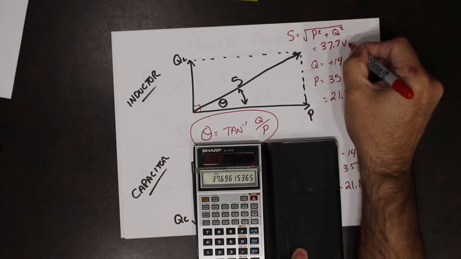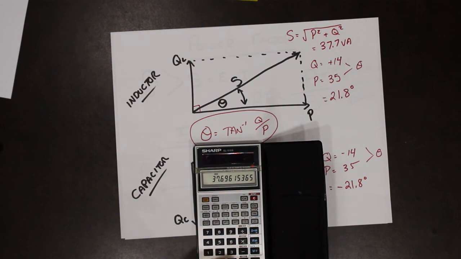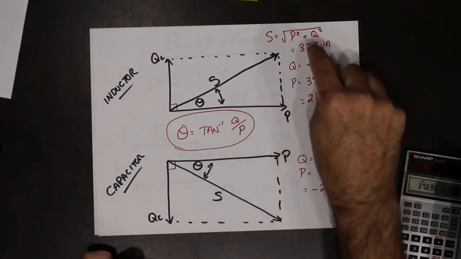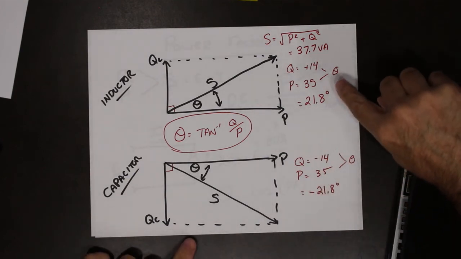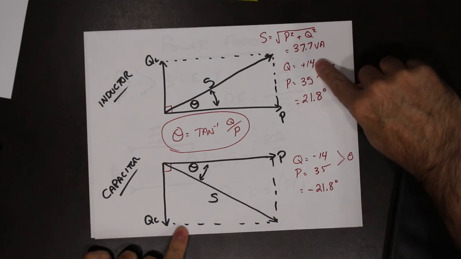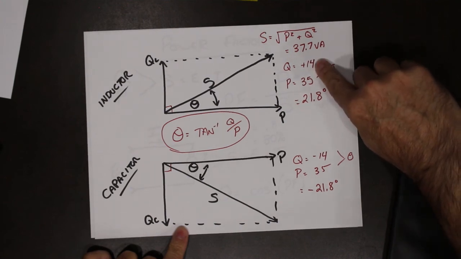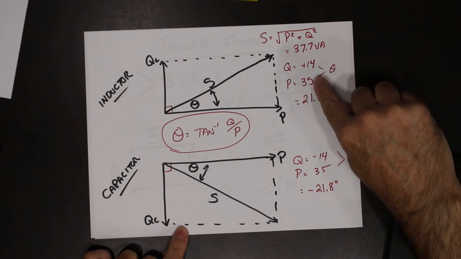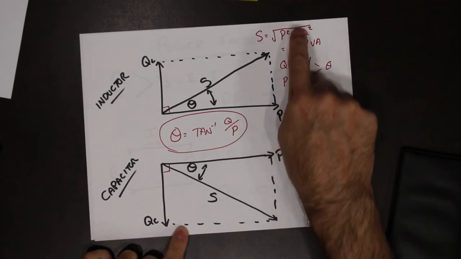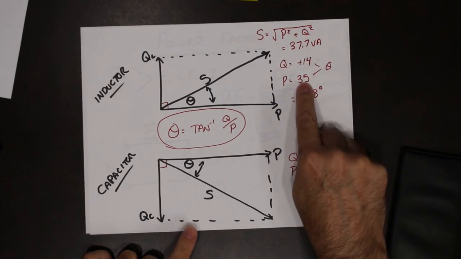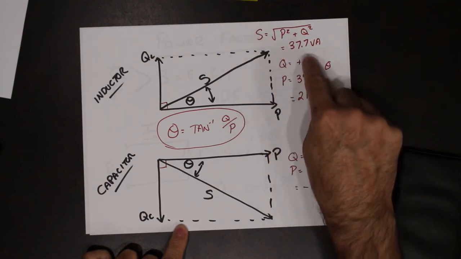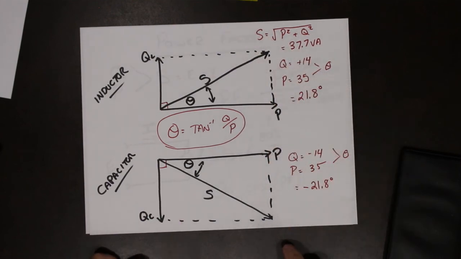So in this example, S is 37.7 volt amps. One thing you will notice, it has to be true, is that S has to be bigger than either of these. It cannot be smaller than any of those. If Q was 0, then S is equal to P. But there's no way that we can have an S that is smaller than either of those two.